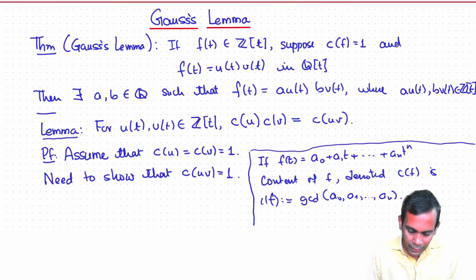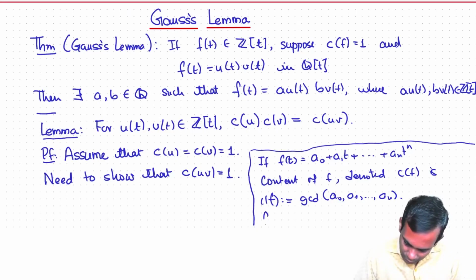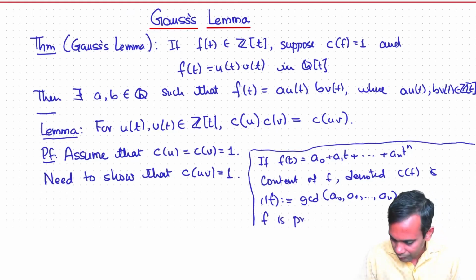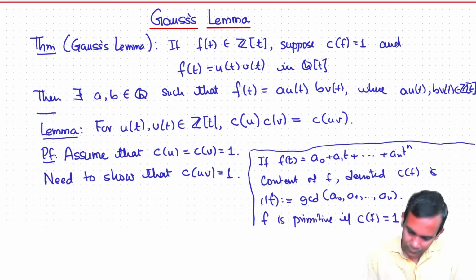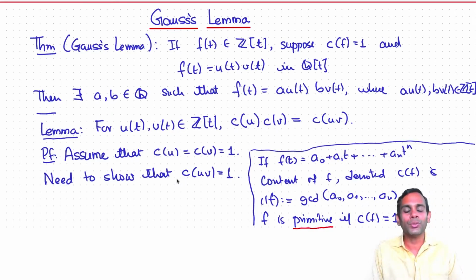So now coming back to this, we want to show that, so let's just put this definition down, f is primitive if c(f) is 1. That's just the definition of primitivity. And so what we want to show is that the product of two primitive polynomials is primitive. And so we take the product and we want to show that its reduction modulo any prime is non-zero.